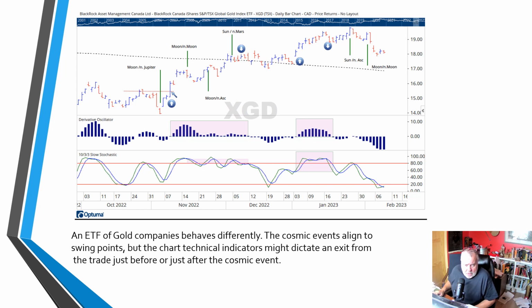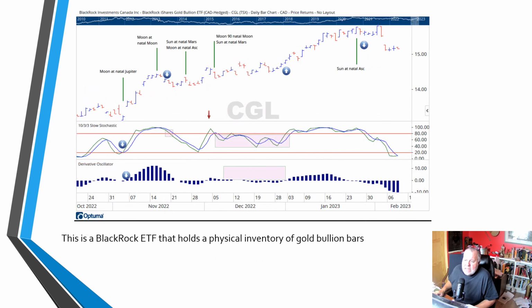Now I'm going to show you one more. This one is also managed by BlackRock. The ticker symbol on the Toronto Stock Exchange is CGL. And this ETF is made up of a physical inventory of gold bullion bars that are in safe, secure storage in a vault.